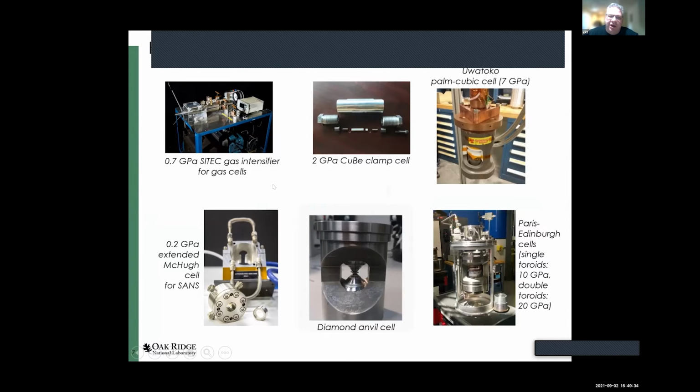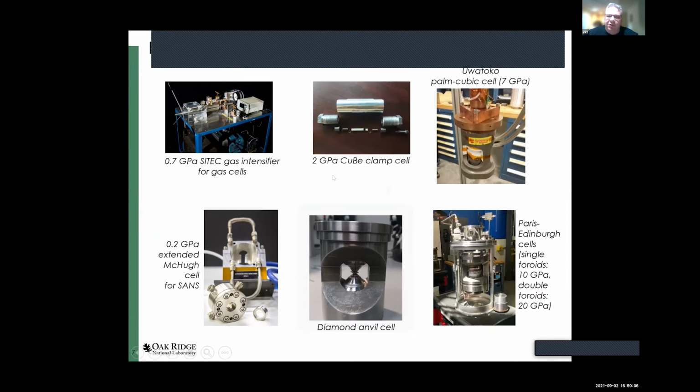We also have a gas loader for gas loading the diamond anvil cells with various inert gases, but also for hydrogen, because neutron scattering is particularly sensitive to hydrogen, it being a light molecule. It is oftentimes difficult to look at with X-rays, as I've said. So our gas loader is capable of loading about 2.5 kilobars of hydrogen into a diamond cell.